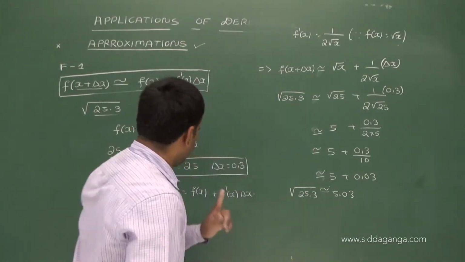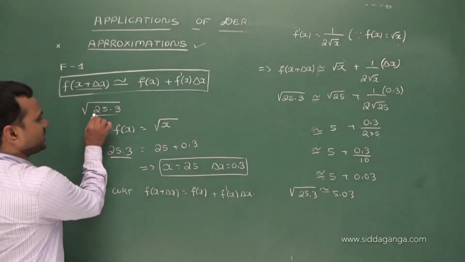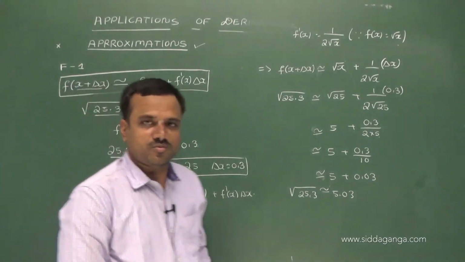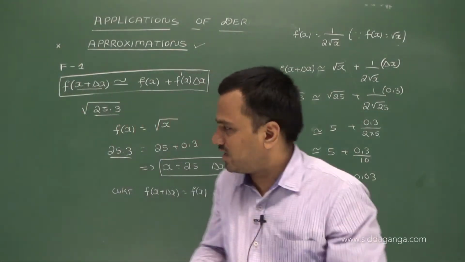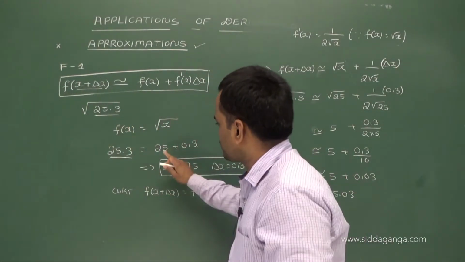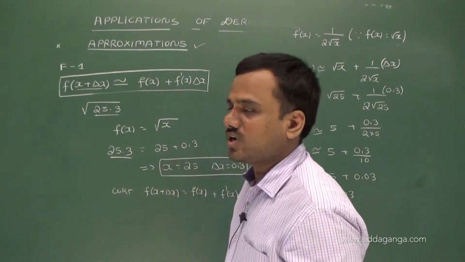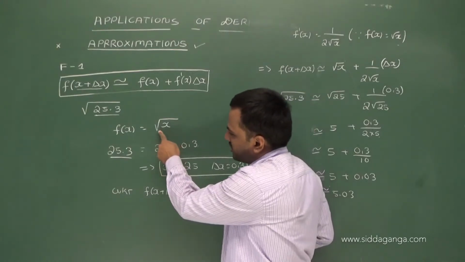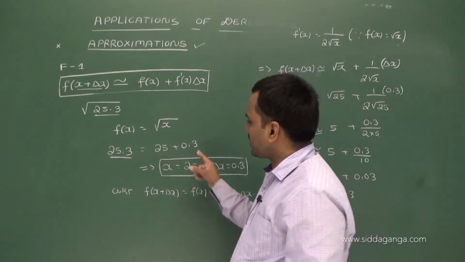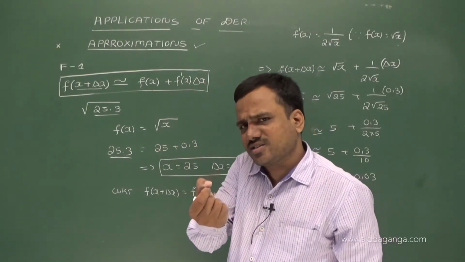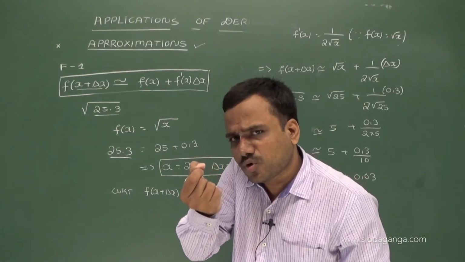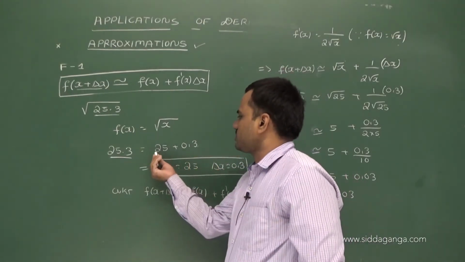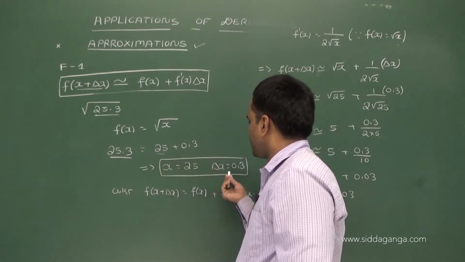Once again I explain: whatever value is given, we split it into a sum or difference of two terms. The first term is a perfect square number. The second term is delta x, a negligibly small value. So this we call x and this we call delta x.